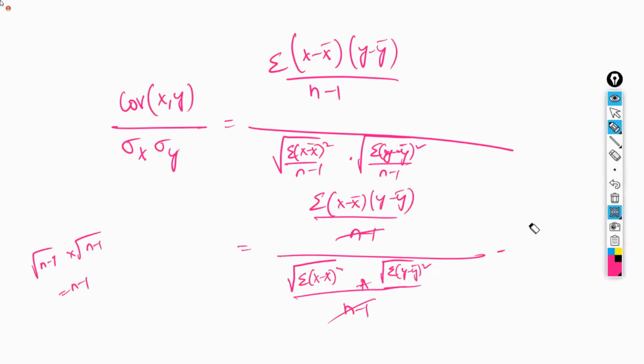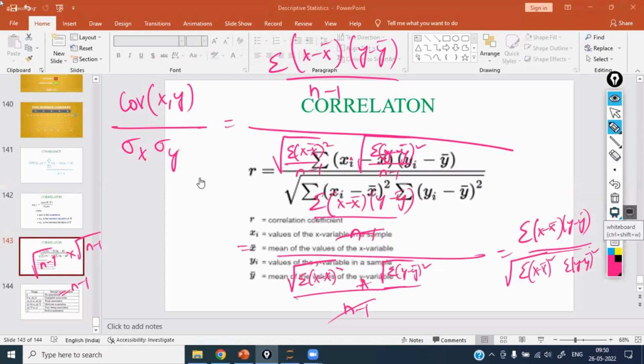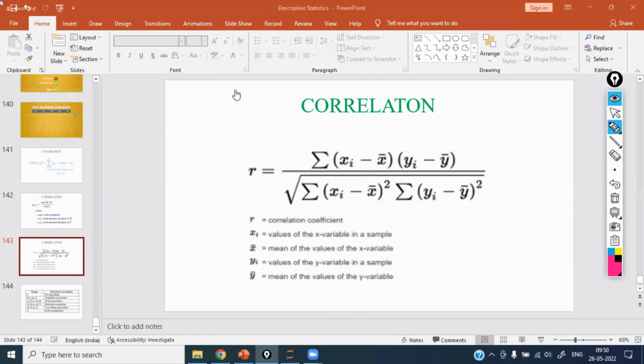Automatically the final formula is sigma of (x minus x bar) into (y minus y bar) divided by the square root of sigma of (x minus x bar) whole square into sigma of (y minus y bar) whole square. It is indicated by R. Correlation is given by R, and covariance is given by COV.